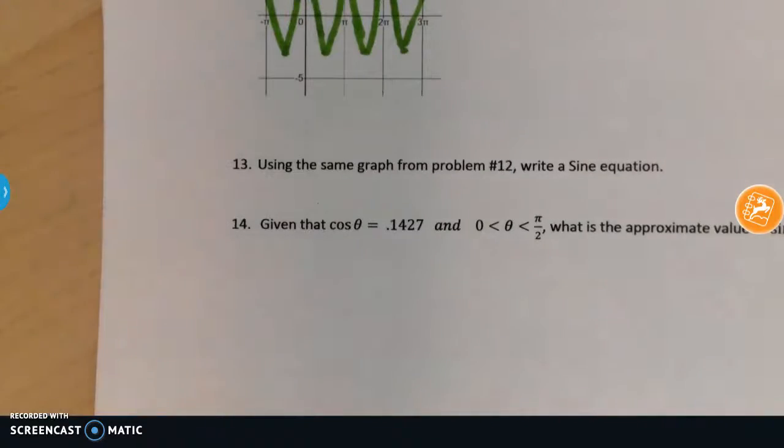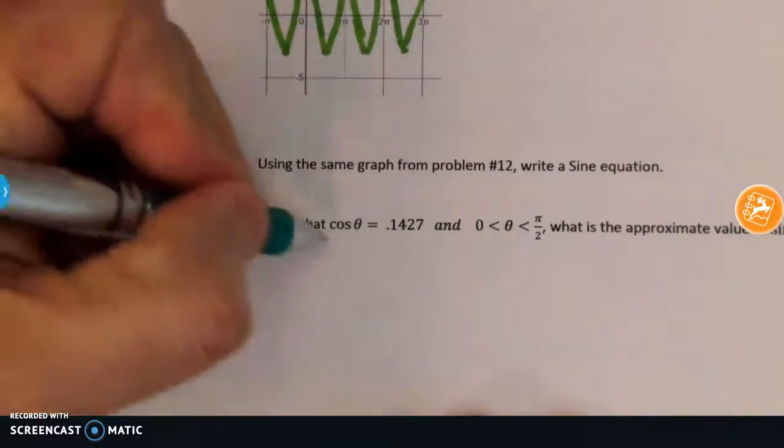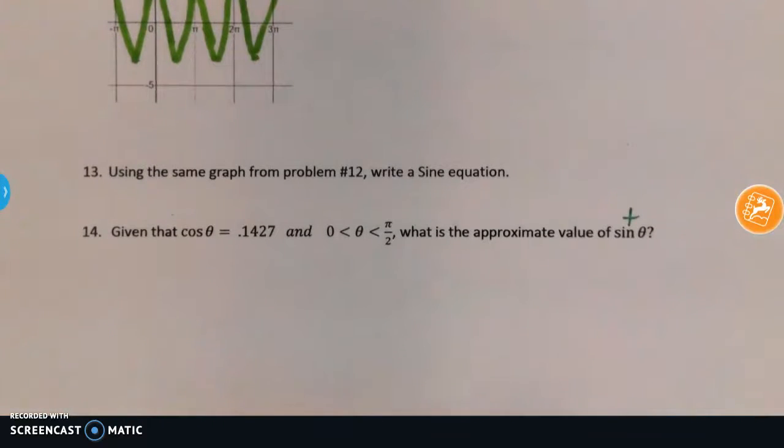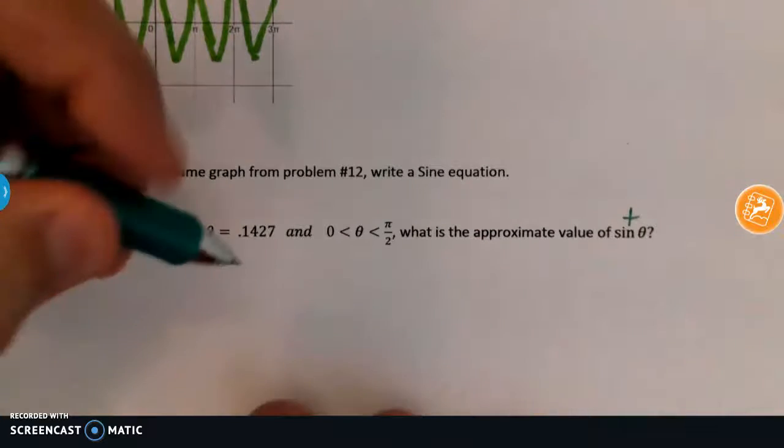That's the first quadrant. So you know everyone's going to be positive here. So you know the answer, it's going to be a plus number. Now I'm going to use the Pythagorean identity.